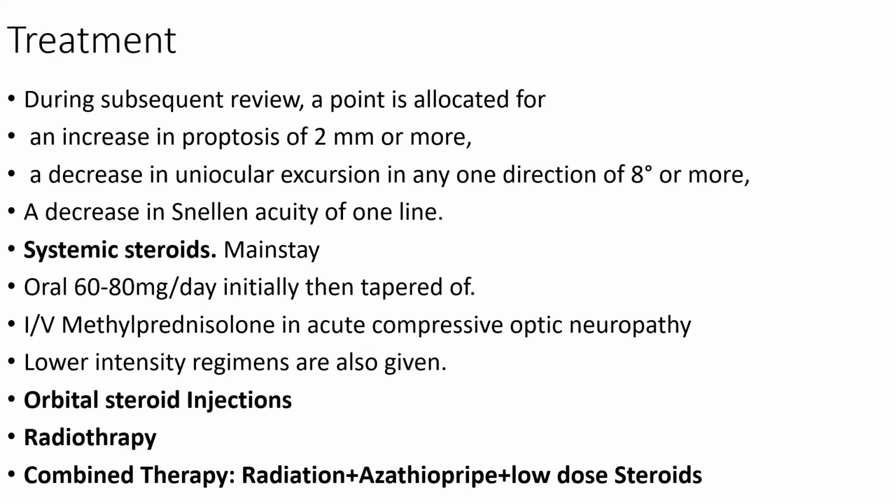Orbital steroid injections can also be given. The radiotherapy may also be given. The combined therapy of radiation, azathioprine, low dose steroids may also be given for the treatment of systemic eye disease and the sight-threatening eye disease.